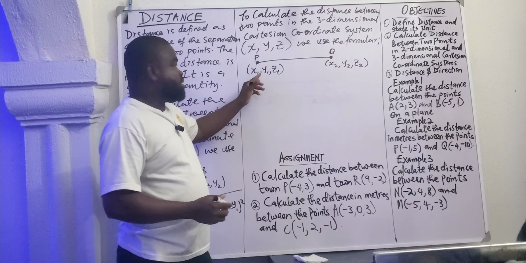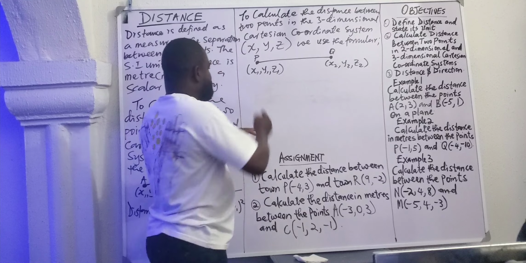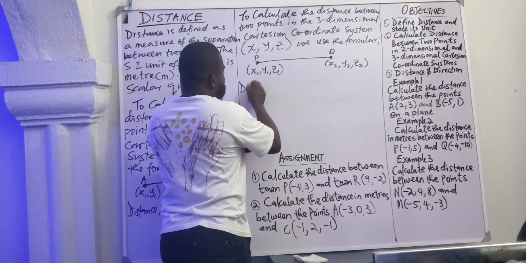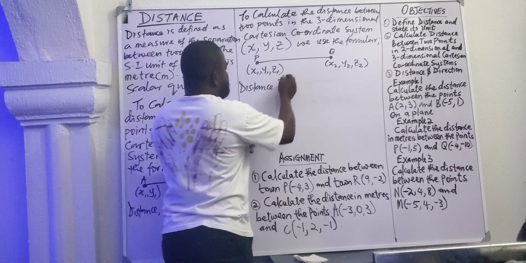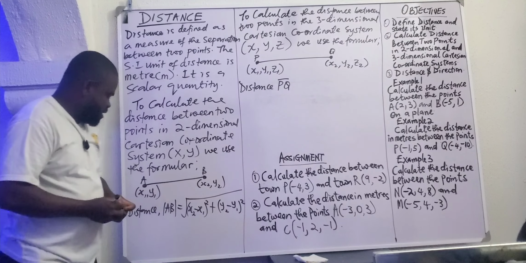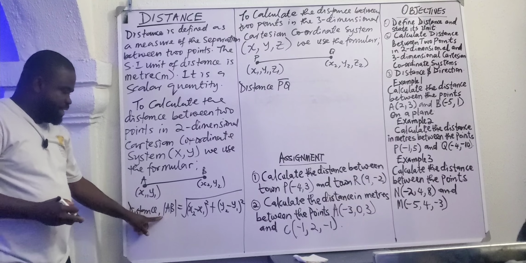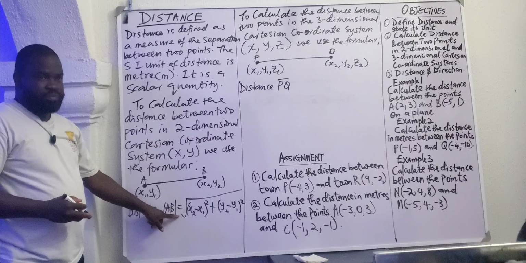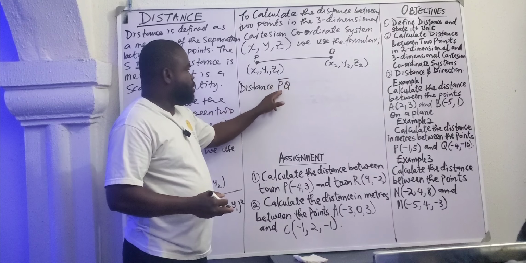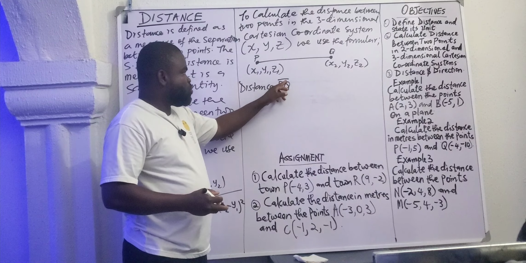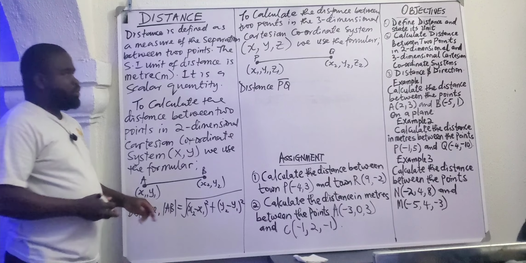To obtain the distance between points P and Q, let's call it the distance of line PQ. Observe the way I represent this distance. Here I say distance line AB. Now I'm saying distance line PQ. So you can represent it this way or you can represent it this way. Good.